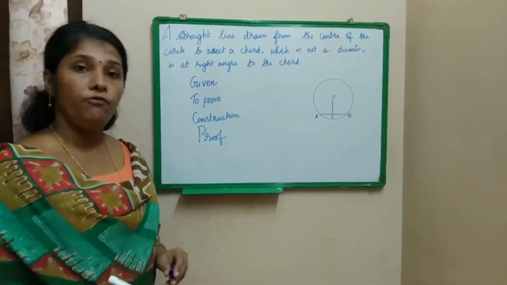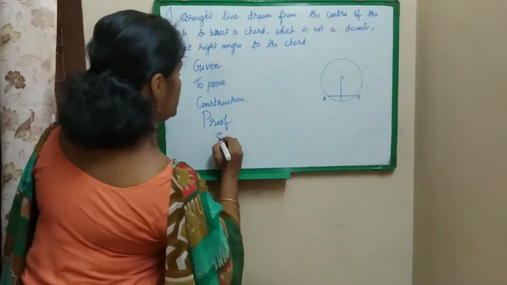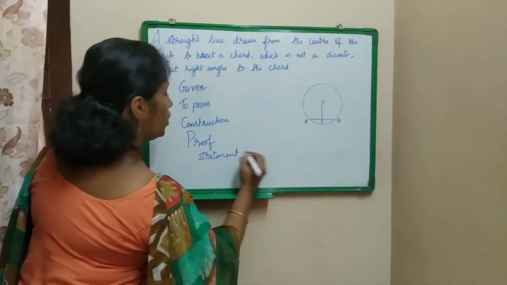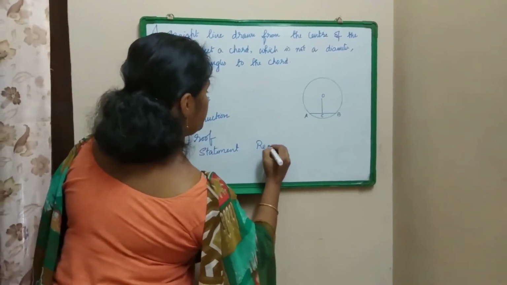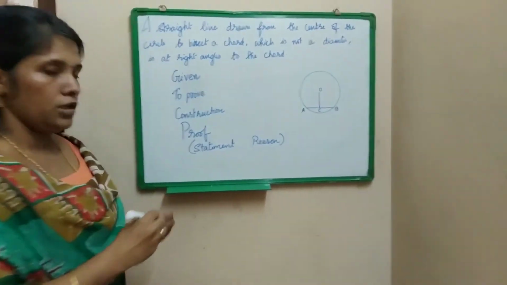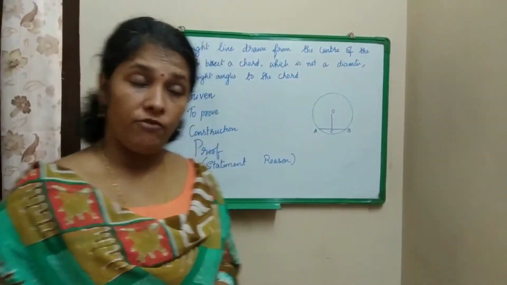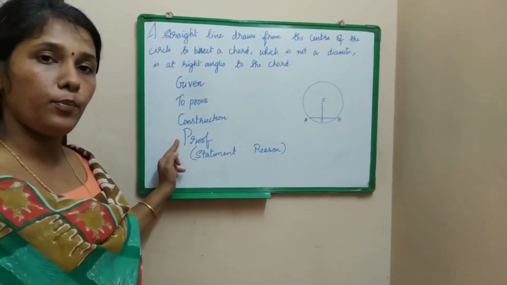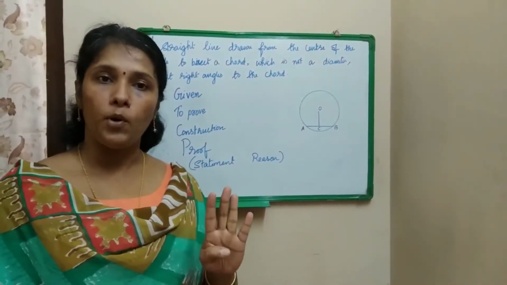Inside the proof, we have to write the statement with reason. So for every theorem, given, to prove, construction and proof are the 4 important things.